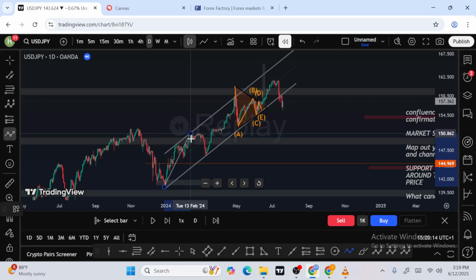Higher high, higher low, higher high, higher low, higher high. Is this a higher low? It has not broken below this. Even this one, it has not broken below it. So we are still on a buy, until it breaks below this before you call it change of character.